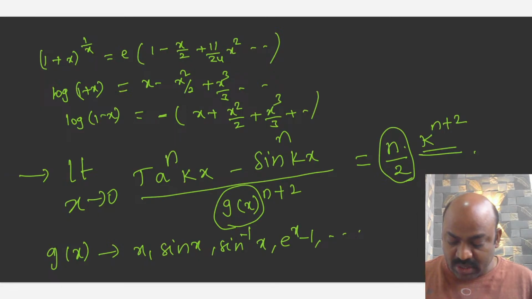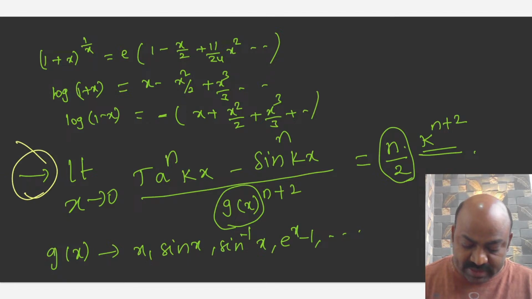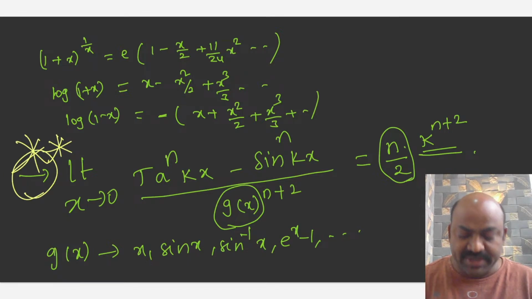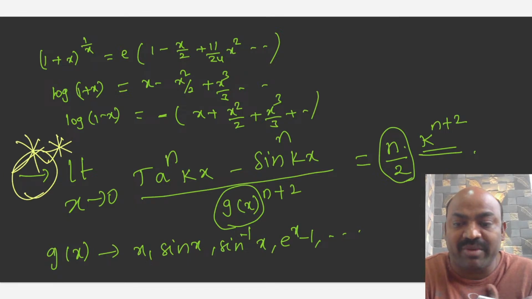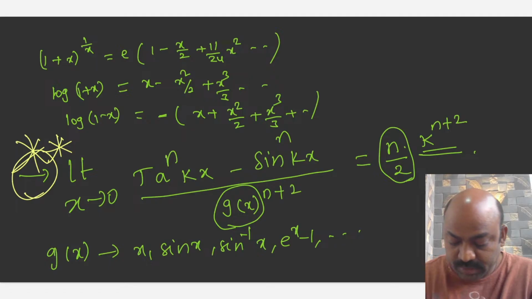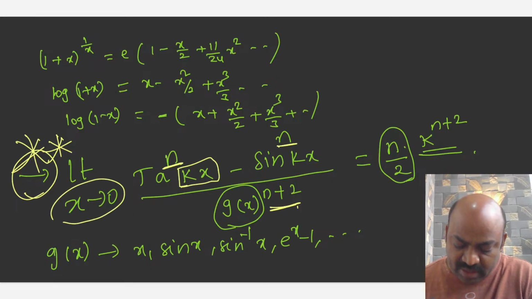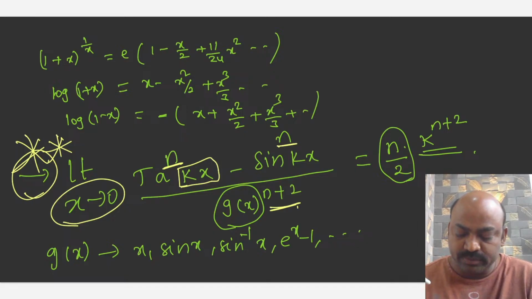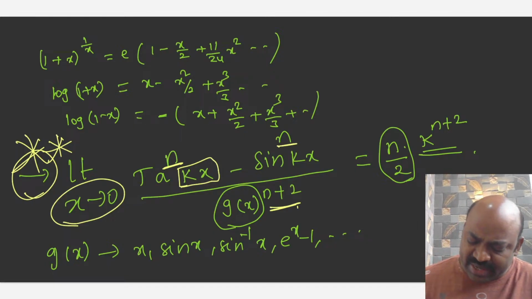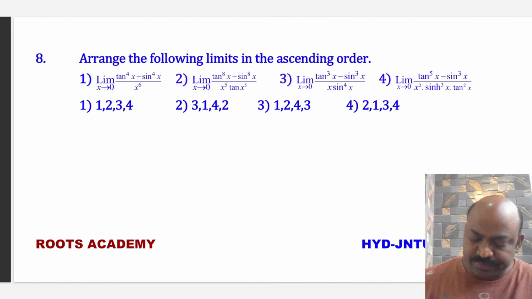Clear? So the concept is this. Try to write it very carefully, because this will differentiate the toppers from the average. Power 2 extra will be there, and here it is power n, and inside you should have kx, and don't forget the limit should tend to 0.